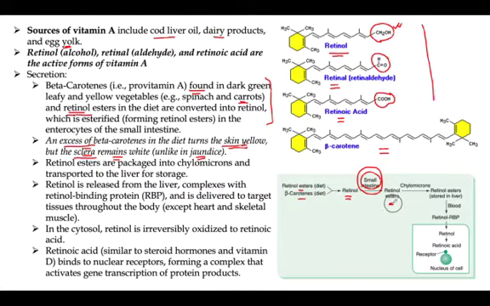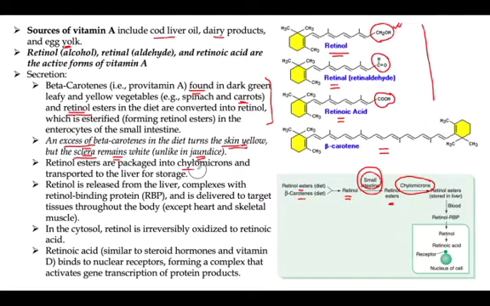These retinol esters are then packaged in the lipoprotein chylomicron particles, and I believe you have already heard the term chylomicron when you took the exogenous and endogenous pathway for lipoprotein metabolism.